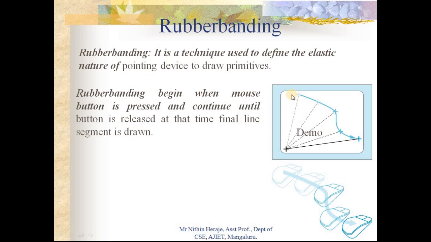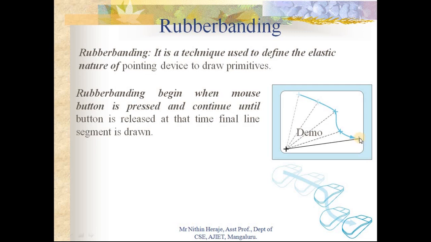So you can just look at this. If you are going to draw a curve like this, or say you are going to draw a line segment, that is this line segment. What you will do is press the button over here, and firstly you hold the mouse cursor over here, then you hold the mouse cursor here, here, and finally when you reach this point, you release the mouse button.